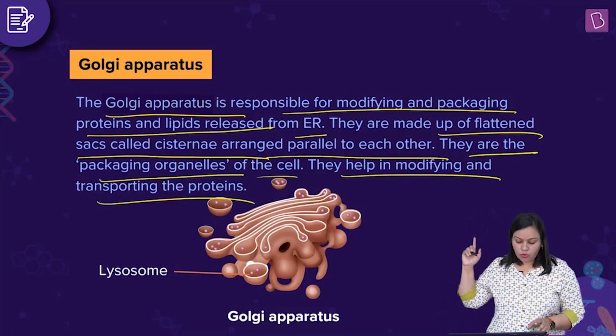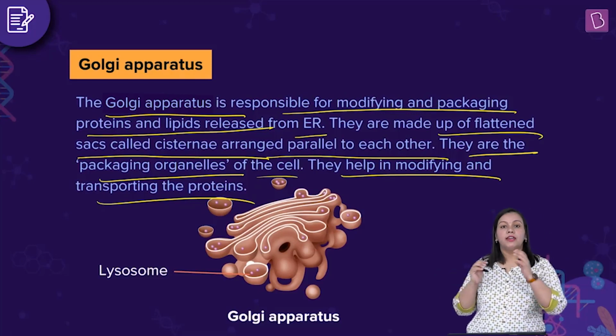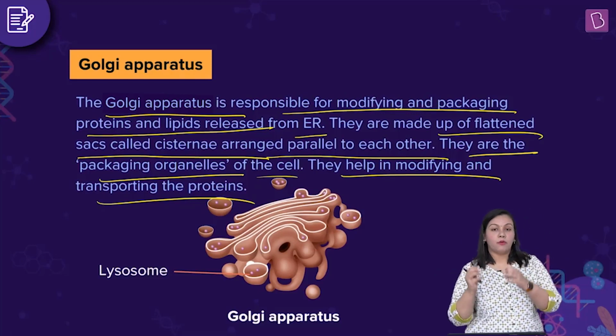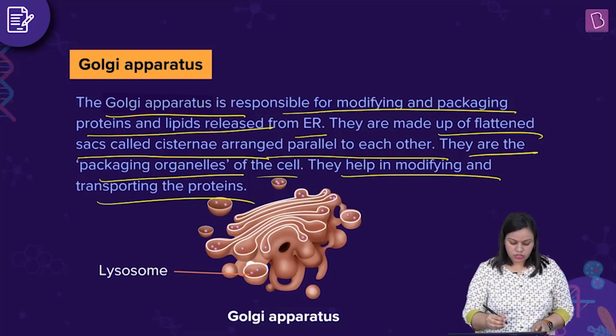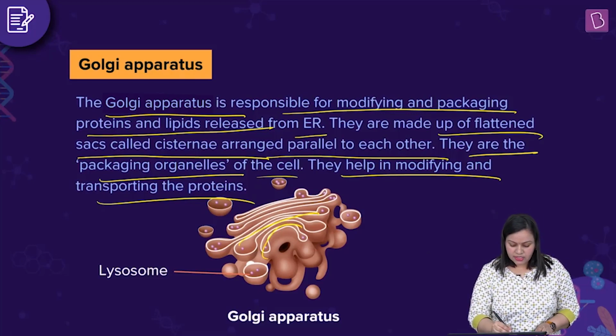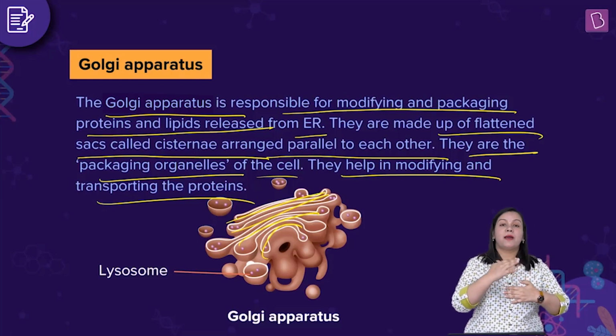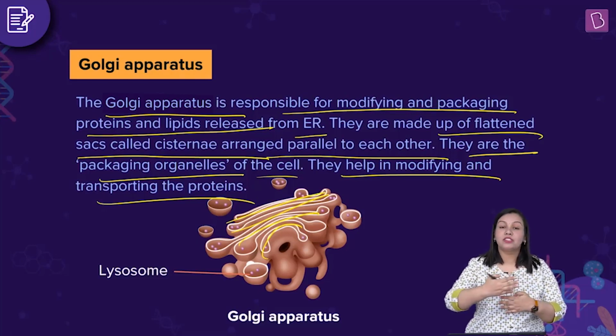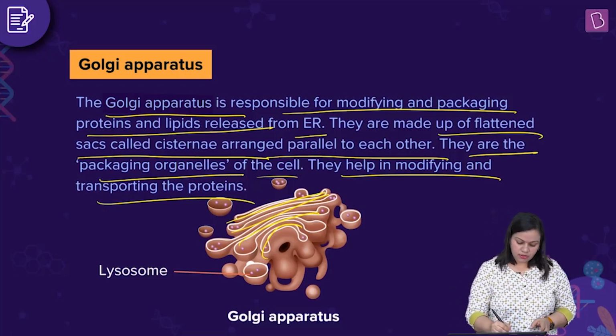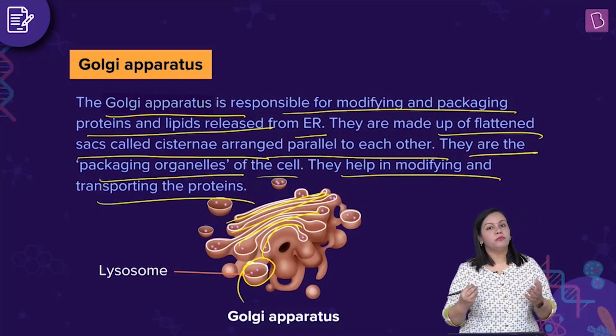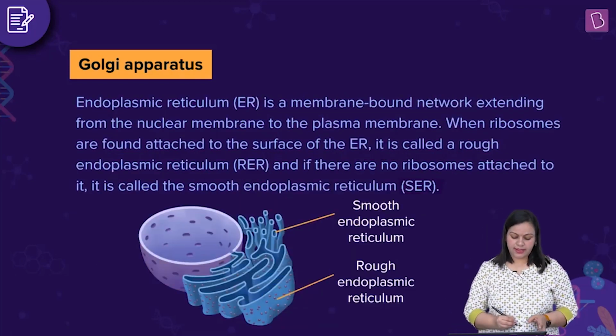What you see here in this image is a Golgi apparatus from where lysosome is arising. The Golgi apparatus has cisternae arranged almost parallelly like a whole stack. Here a digestive vesicle is being formed which we are referring to as the lysosome.